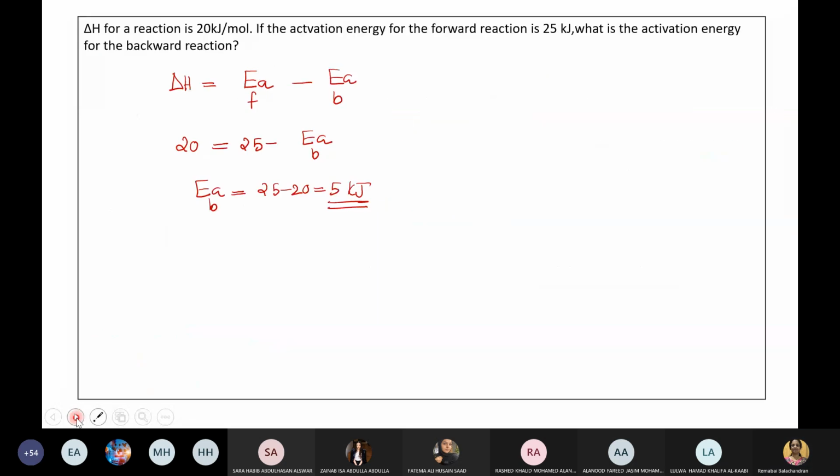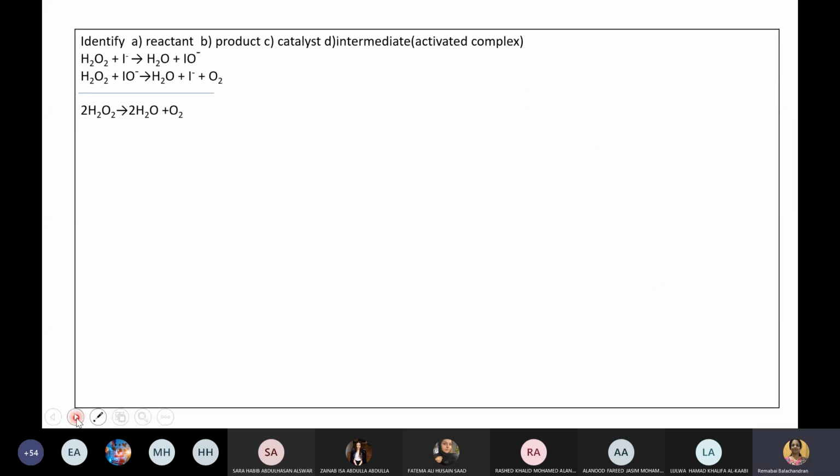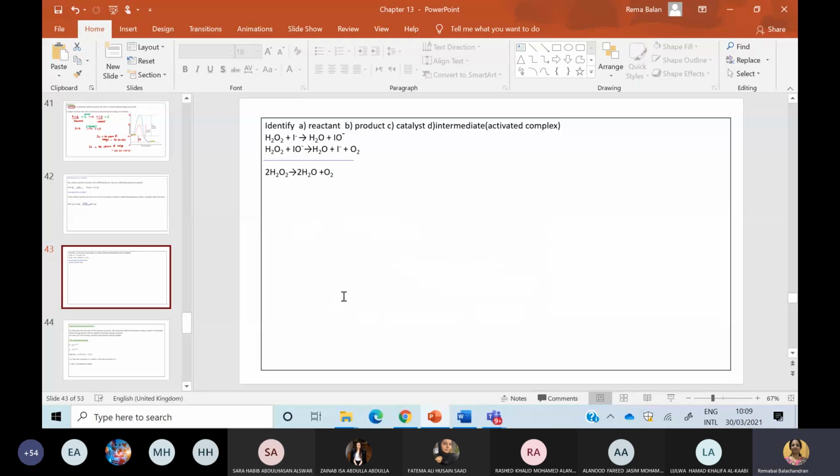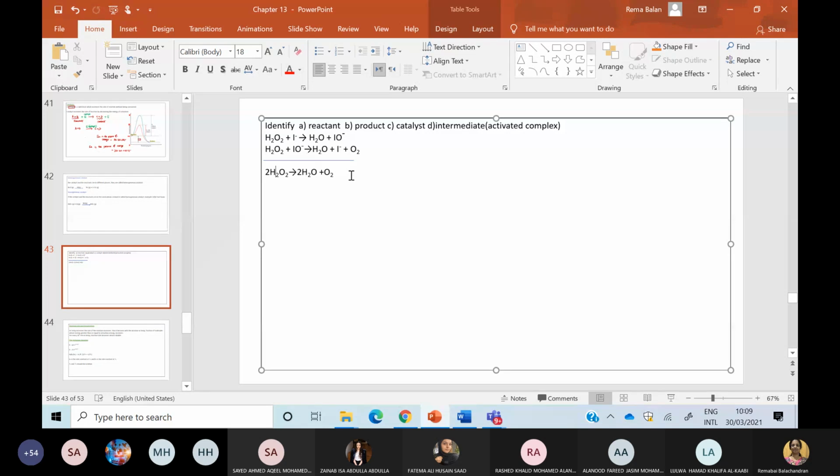So now, tell me what are the reactants and products? Of course, you know. The reactant is H2O2. Then the product: H2O and O2. And then the catalyst.